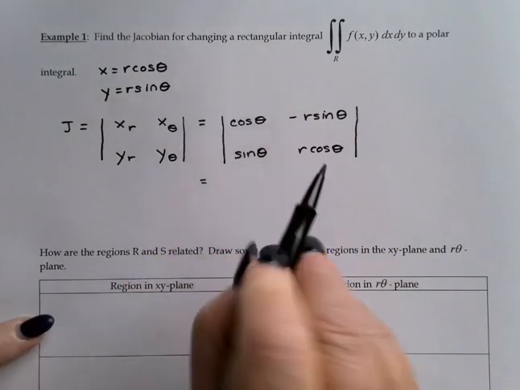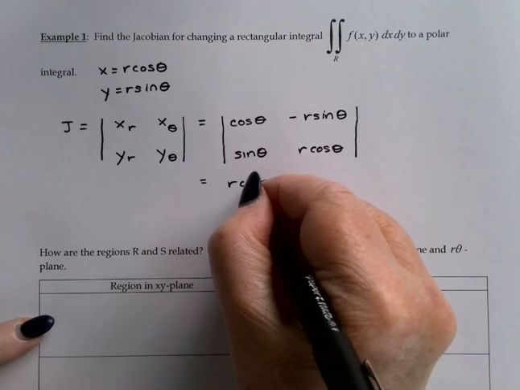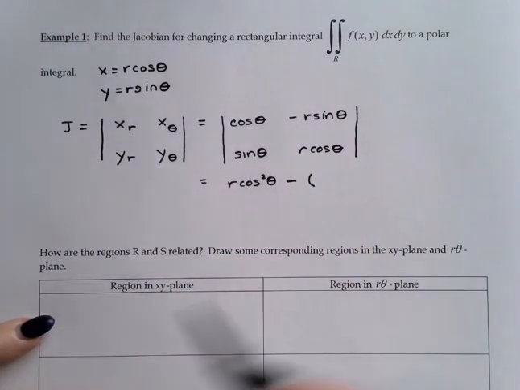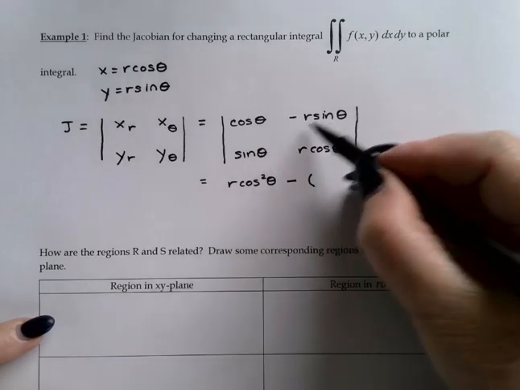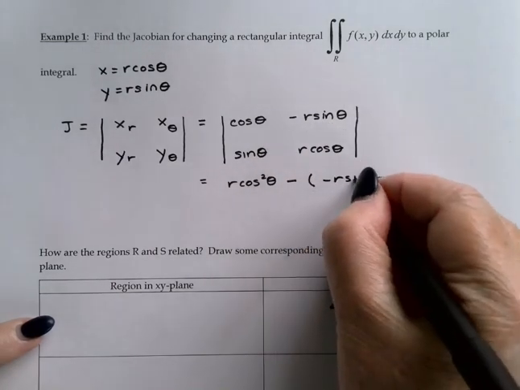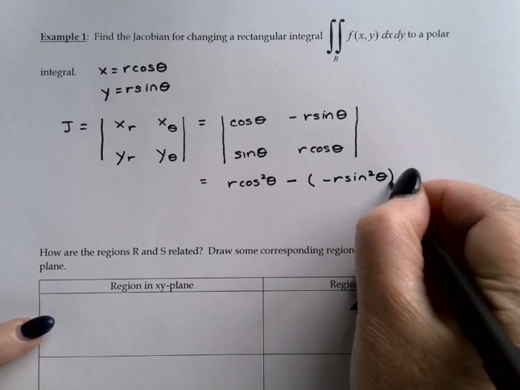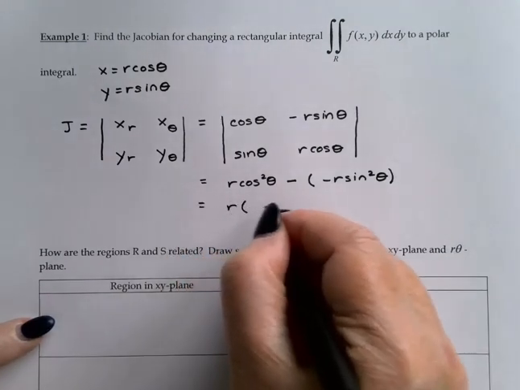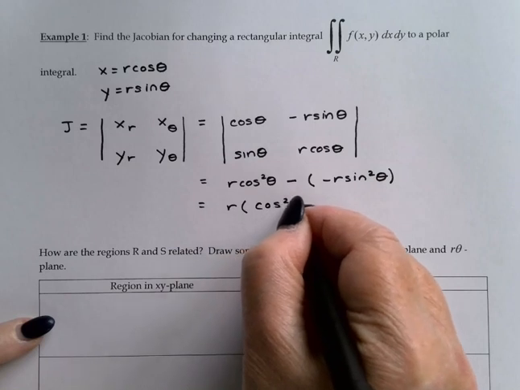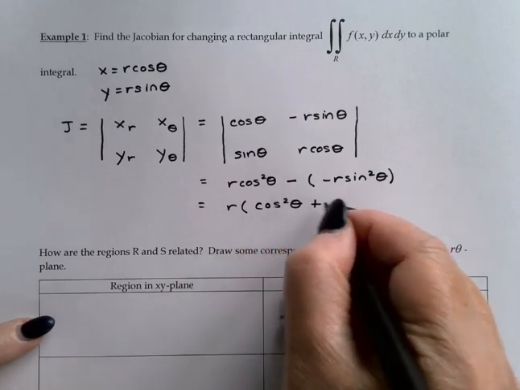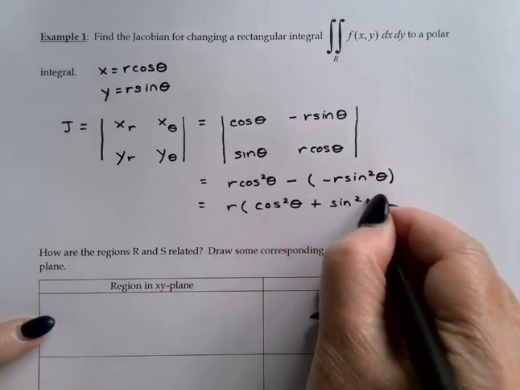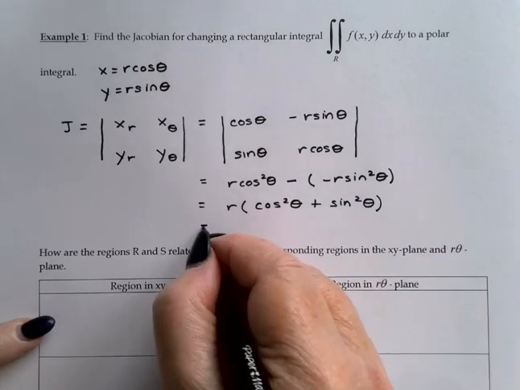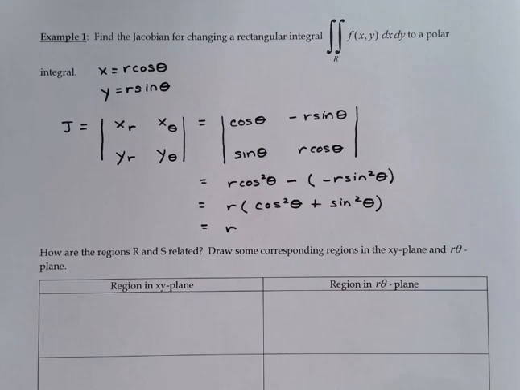Multiplying the main diagonal, I have r cos squared theta. Subtract. Multiplying this diagonal, I have negative r sine squared theta. If I factor out the r, I have cos squared theta minus a negative, or plus, sine squared theta. And of course we know that's just 1, and r times 1 is still r.